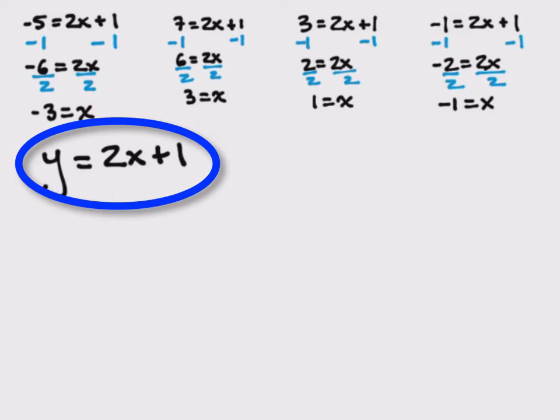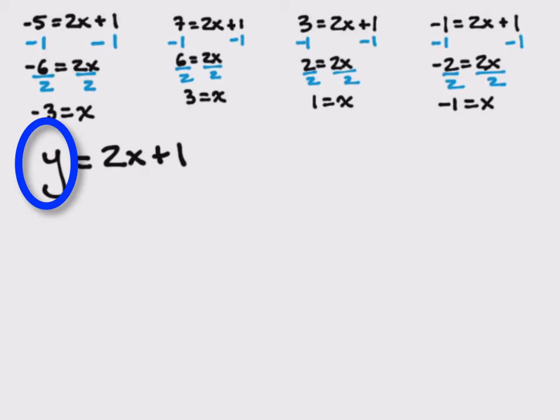So it's clear as the variable y takes on different values, the variable x is going to have to take on different values as well to keep the equation true. Or what we'll see more frequently is as the variable x takes on different values, the variable y is going to have to take on different values too to make the equation true.